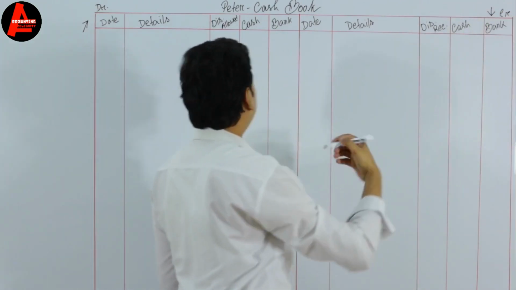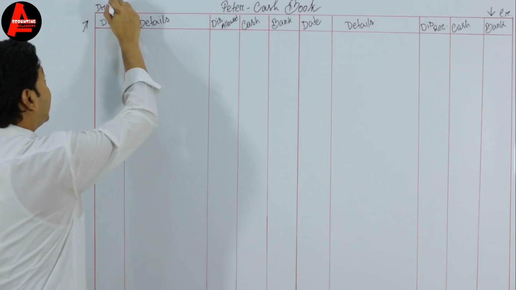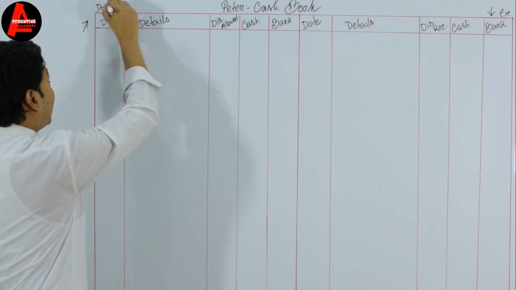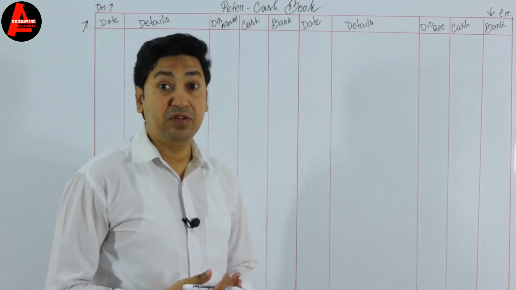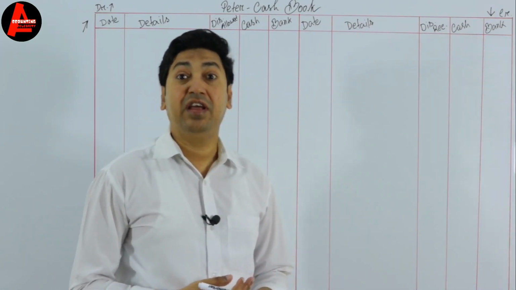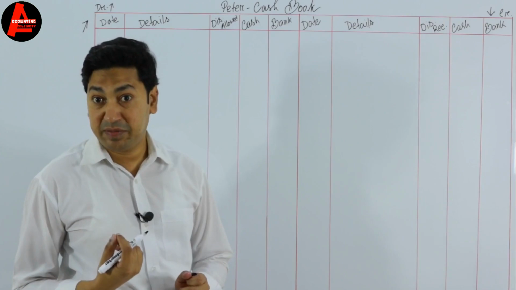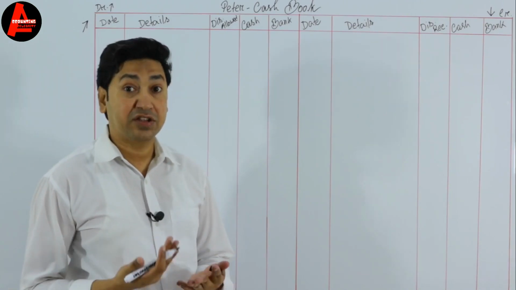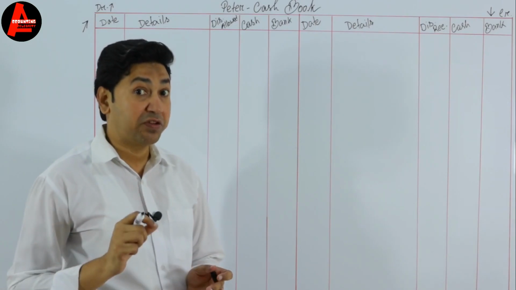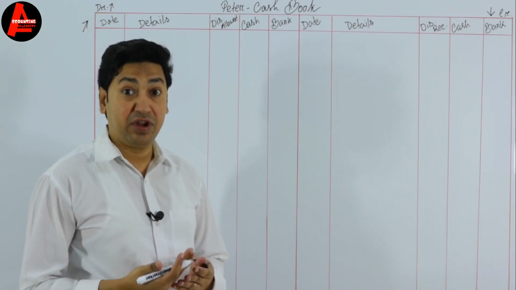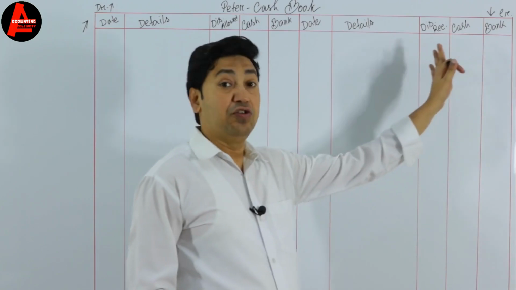If decrease, credit side; if increase, debit side. Don't be confused. So what I said, first of all you need to write balance brought down. Cash is a normal debit balance and bank also a normal debit balance. If you have a bank overdraft, then it is a credit balance. You need to write it on the credit side.